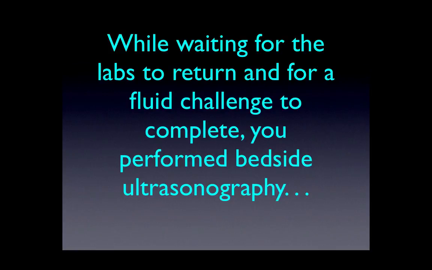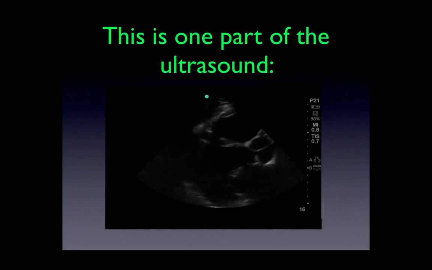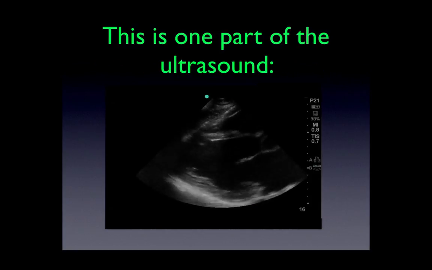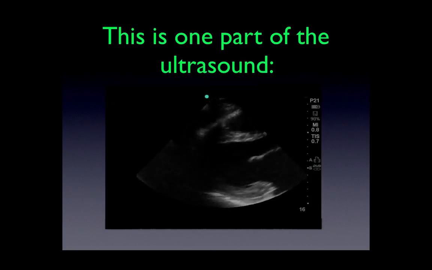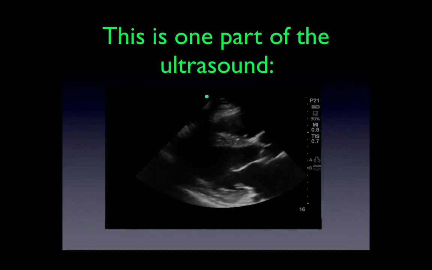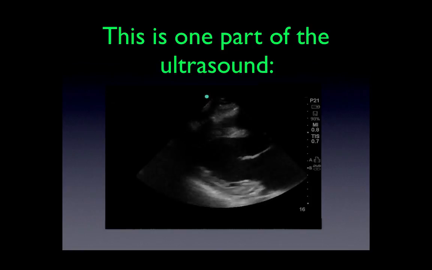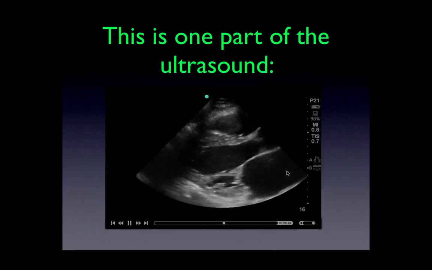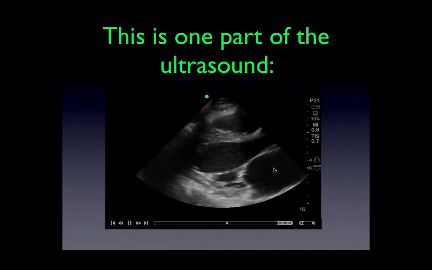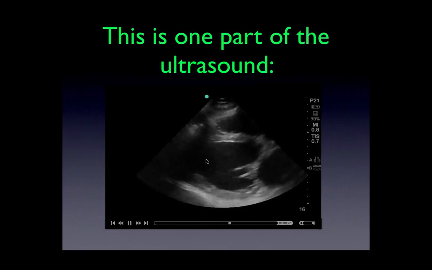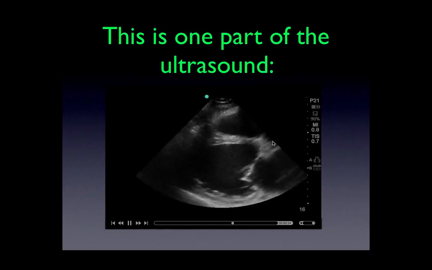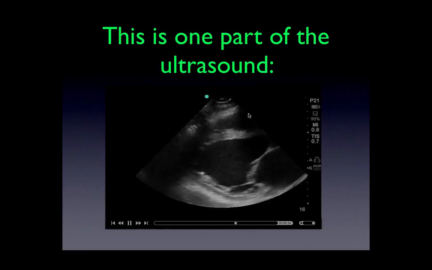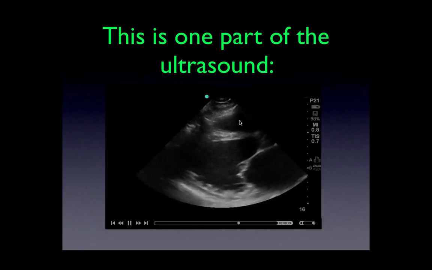While waiting for the labs to return, and for a fluid challenge to complete in view of his hypotension, you performed some tests with bedside ultrasonography. This is one part of the ultrasound. Take a look at it, and we'll come back to it later, but realize this is a subxiphoid or subcostal view of the heart: left atrium, blood going through the mitral valve into the left ventricle, being pumped out into the aorta through the aortic valve, and up here is the right ventricle.